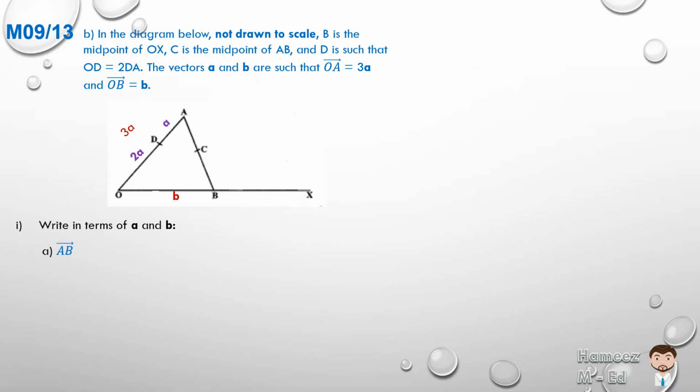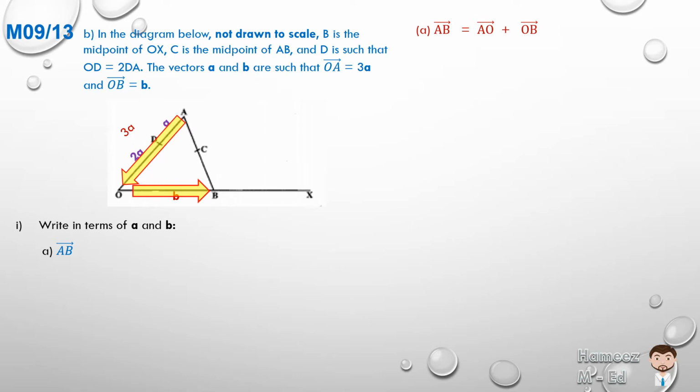So if we're going from A to B, how can we pass? We can start from A and head to O. So that's AO, and then take a rest. And when we get back up, we start back at O and we continue to B. So we wrote a formula, AB is equal to AO plus OB. And we don't have AO, but we have OA. So how do we switch it? By changing the sign.